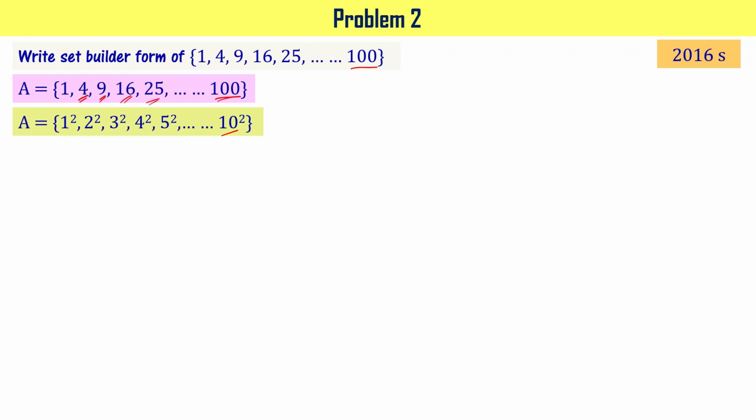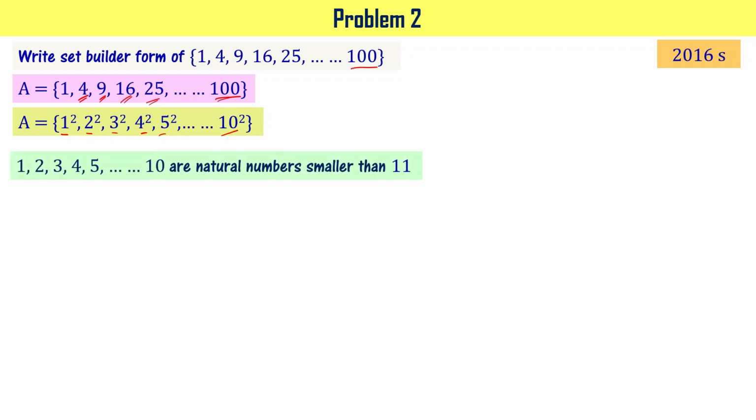So the set A can be written now as the set containing elements 1 square, 2 square, 3 square, 4 square, 5 square, and so on up to 10 square. When you observe this, you have numbers 1, 2, 3, 4, 5, so on up to 10. These are natural numbers smaller than 11.